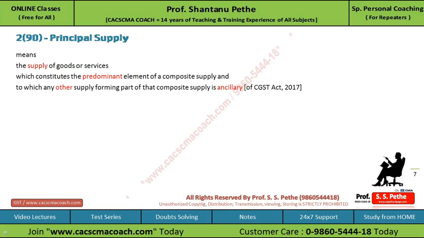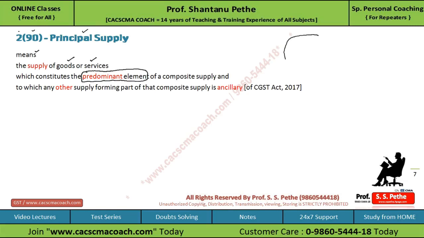Now we have already used the term principal supply in case of a composite supply. So this principal supply is defined under clause 90 of section 2. And as per this definition, the principal supply means supply of goods or services which constitute the predominant element of a composite supply.